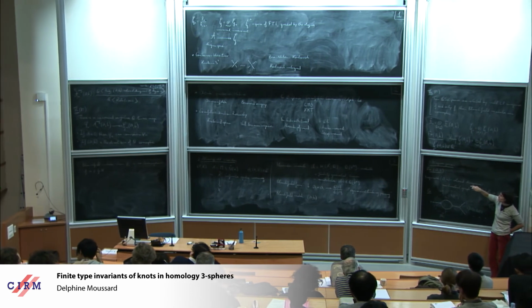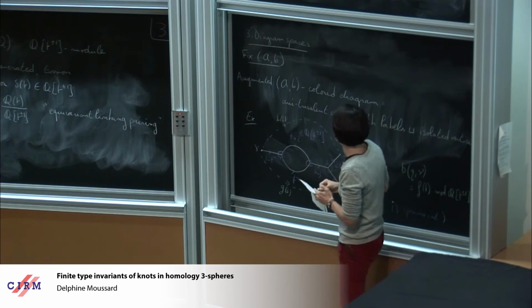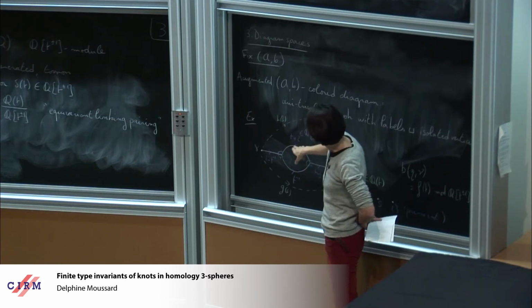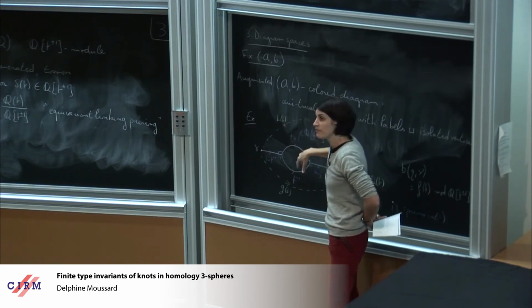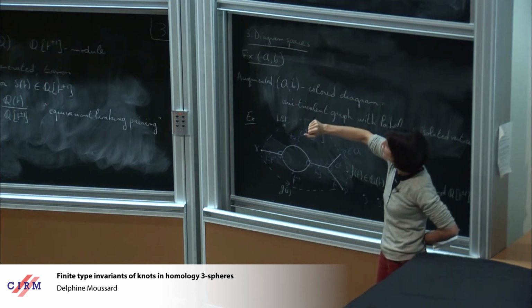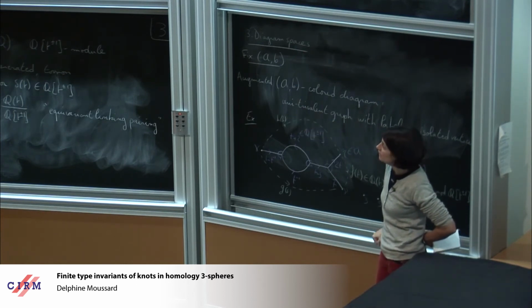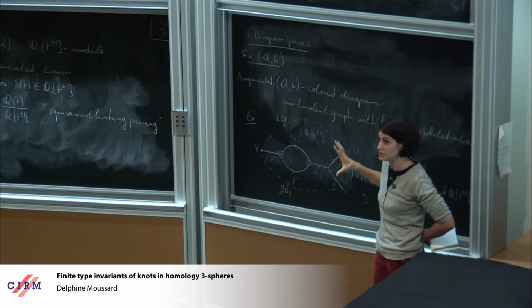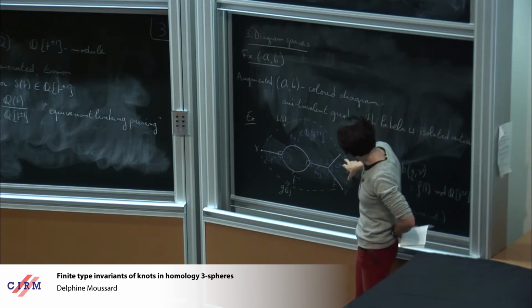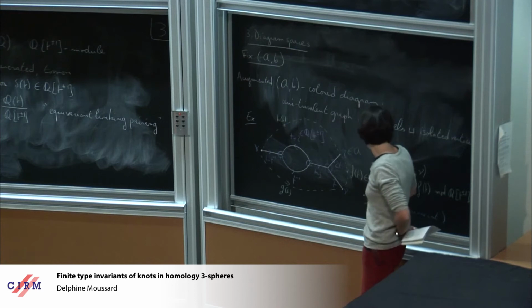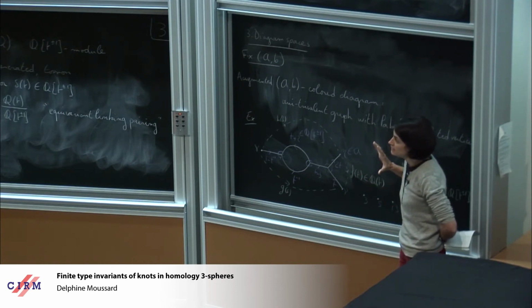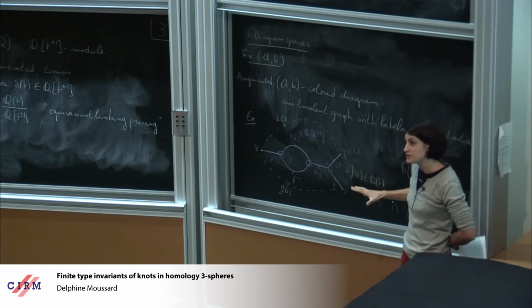And Garoufalidis, Kricker, and Rozansky introduced the idea to put orientation and polynomial labels on the edges in order to describe the graded space associated with knots in these spheres with a null, trivial Blanchfield module. So here we add some univalent and isolated vertices. The isolated vertices are there indeed to consider the cardinality of the first homology group.